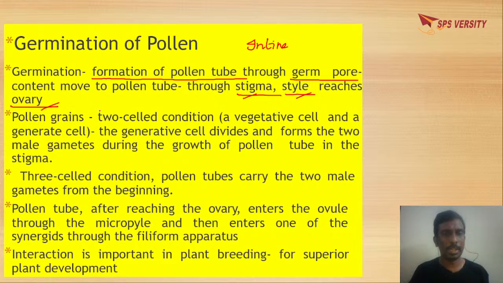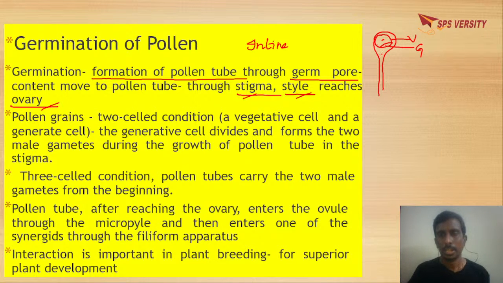So here, whenever the pollen grain falls on the stigma, it has two cells, one smaller cell, the vegetative cell, and a larger cell, the generative cell. As and when the pollen grain germinates and forms a pollen tube, the generative cell will divide and form two male gametes.